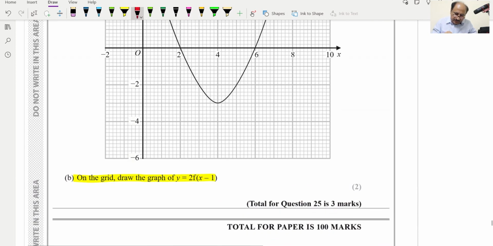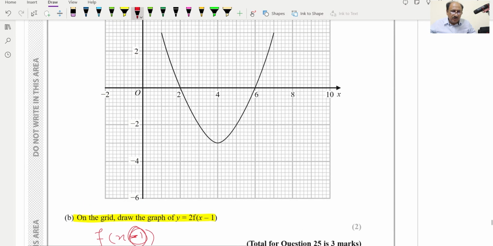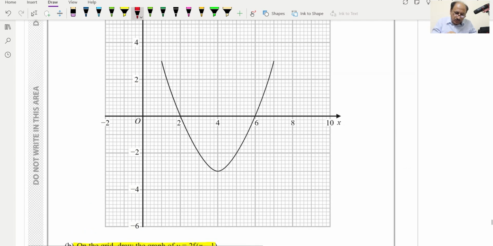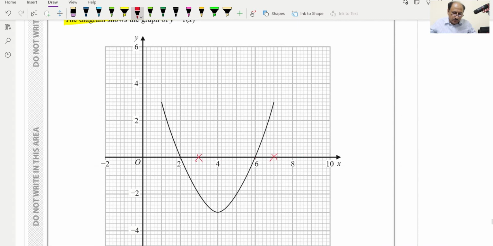First we'll understand this portion, f(x minus 1). This is a transformation to the right. Negative 1 means 1 unit right. So we will be moving 2 to 3 and 6 to 7. So we will be shifting 1 unit right.